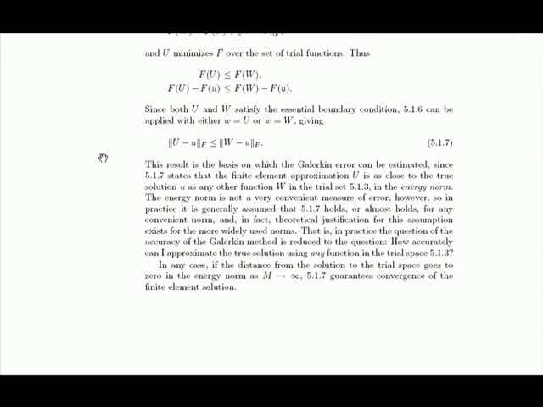Now, before we go to some examples, are there any convergence theorems that can be proved easily, any error bounds that we can prove? And in fact, there is an error bound given in section 5.1, and what is shown is that the error, that is the difference between the true solution of the partial differential equation and the Galerkin solution, is less than or equal to the difference between u and any function in our space, any function that can be written as omega plus a linear combination of phi i, in the ELF norm.